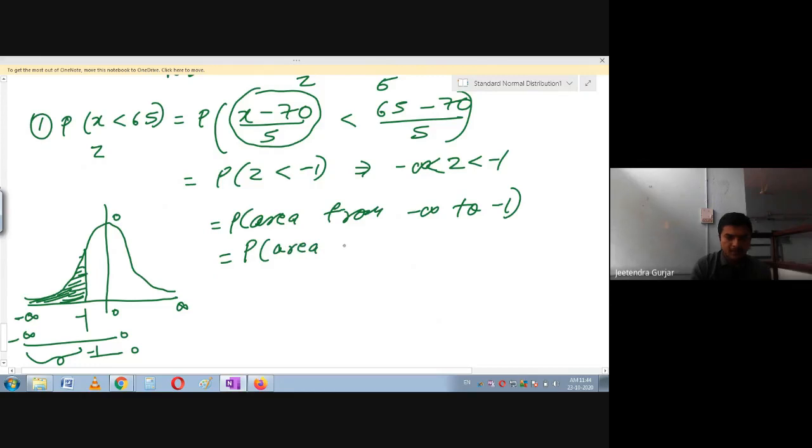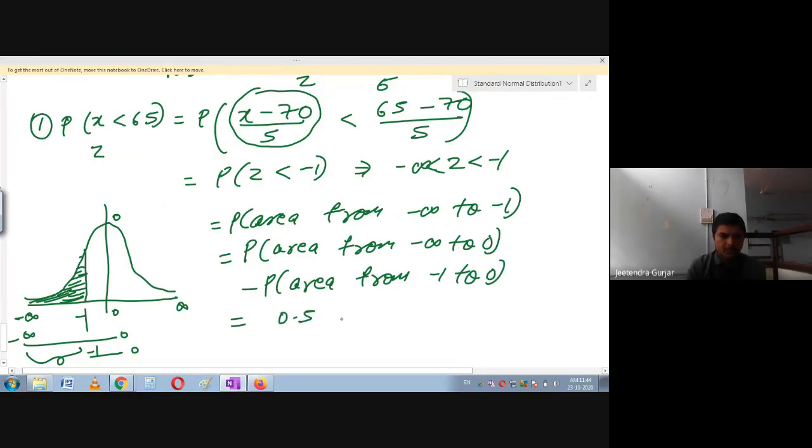You can try. Area from minus infinity to 0 I will take, and then I will subtract the probability of area from minus 1 to 0. So as you remember, minus infinity to 0 is always 0.5, minus this, and 1 means it is always positive.